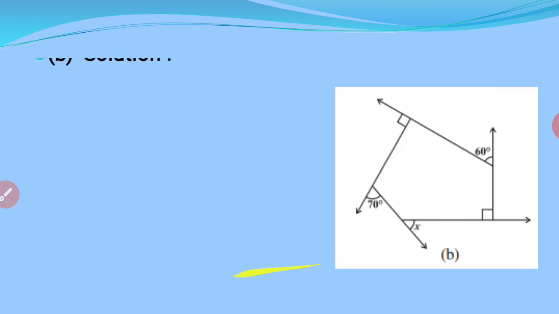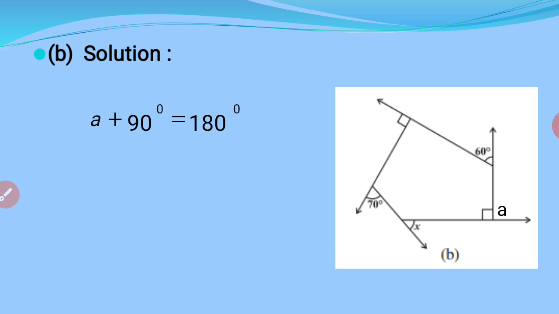More examples to follow. Here, we'll see that all the exterior angles are given, except one is not given directly, but its interior angle is given, that is 90 degrees. So we can easily find the measure of angle A, which is 90 degrees.